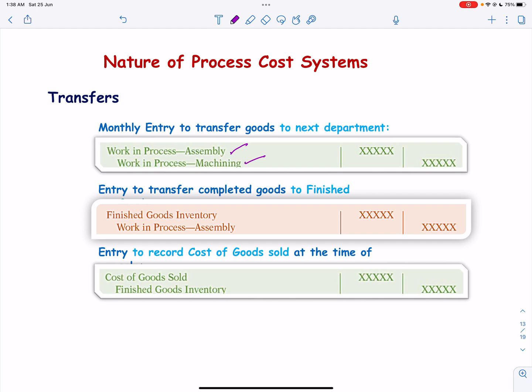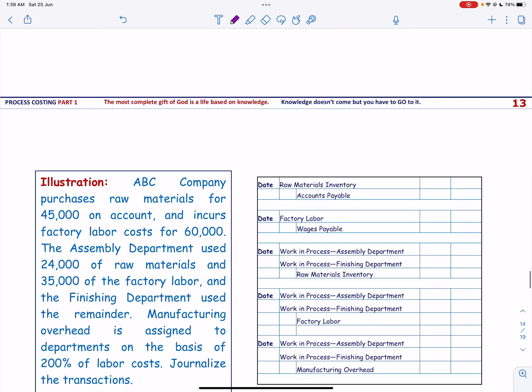The general entry to transfer work in process assembly to finished goods will be finished goods inventory is debited and work in process assembly is credited. And the entry to record the cost of goods sold at the time of sale will be cost of goods sold is debited while finished goods inventory is credited. In the next slide, we are going to solve an illustration.